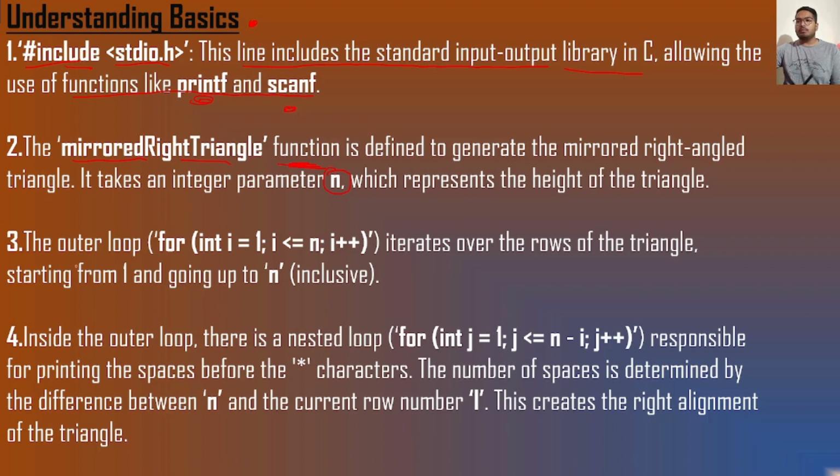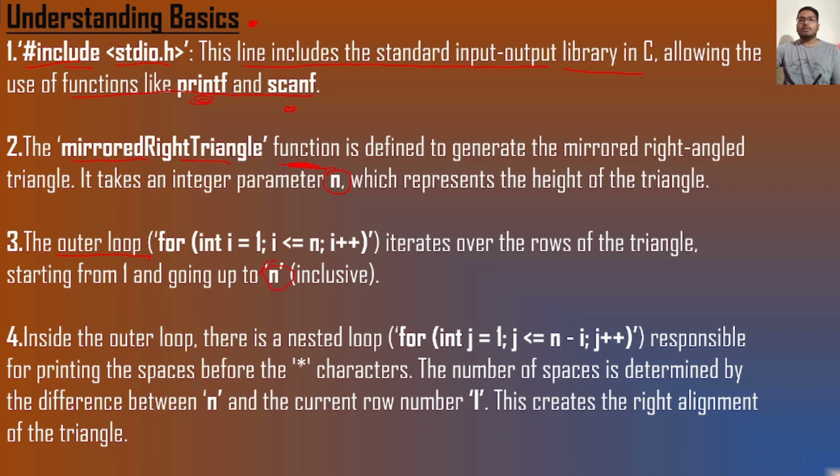The outer loop, for int i = 1; i <= n; i++, iterates over the rows of the triangle, starting from 1 and going up to n.